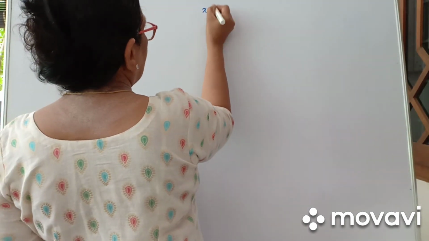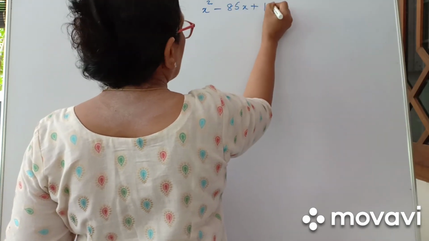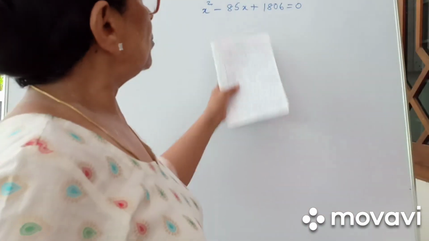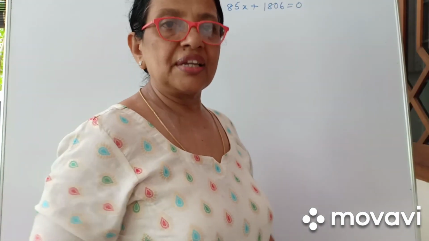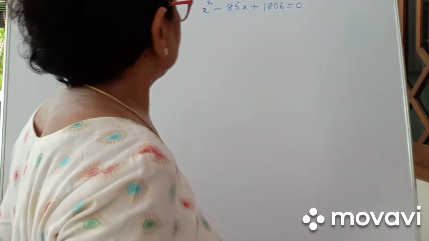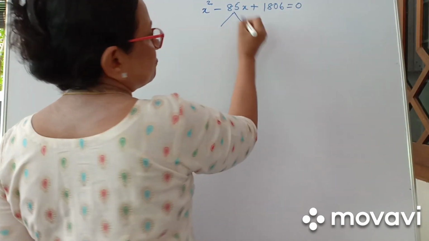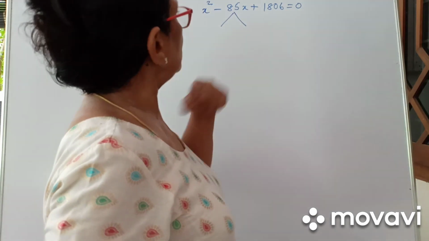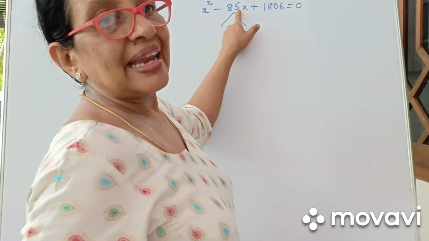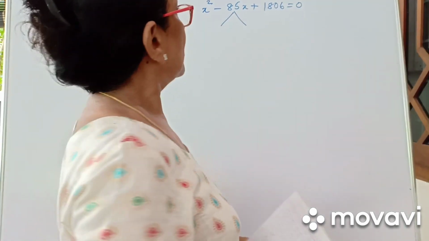Now I'm doing x squared minus 85x plus 1806 equal to 0. See, I'm making you do big numbers because it will be easier. You will know how to do it faster. Here you have to find two numbers whose sum is negative 85 and whose product is 1806.